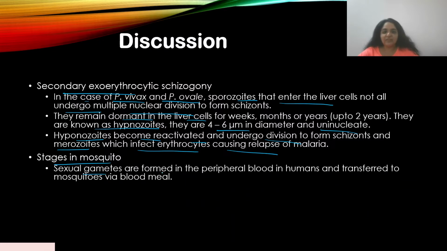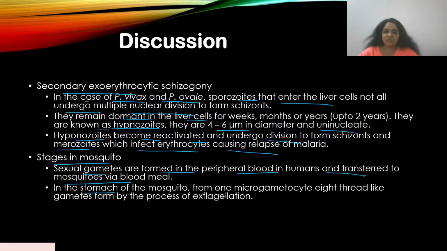The sexual gametes are formed in the peripheral blood in humans and transferred to mosquitoes via blood meal. So whenever there's a blood meal where the mosquito pierces you, she sucks in blood, and these gametes will also move into her system.